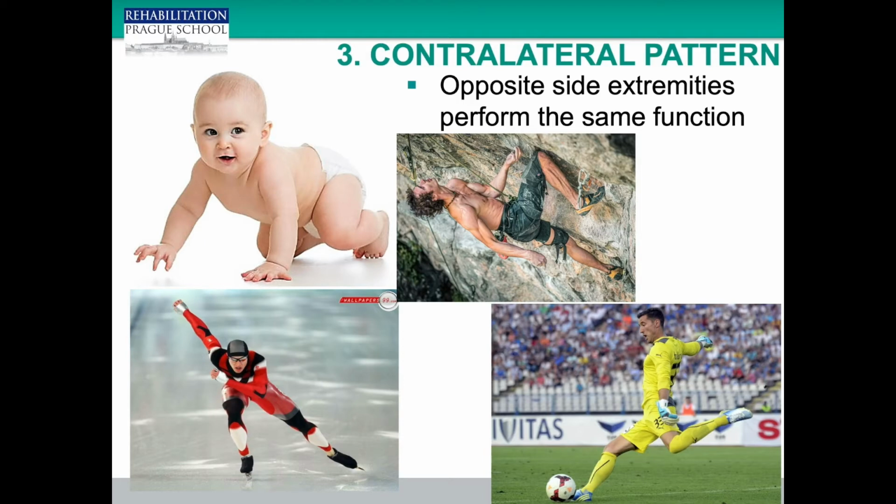In this pattern, the opposite side extremities, for example, right upper and left lower limb, both work in an open kinematic chain, stepping forward. Meanwhile, the left upper and the right lower limbs work in a closed kinematic chain, securing body support.